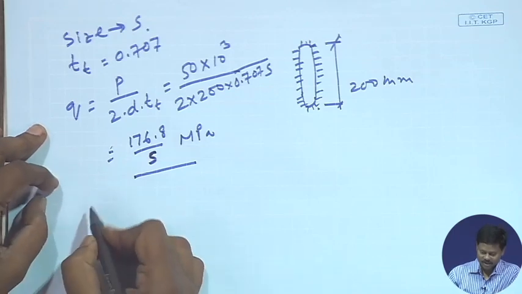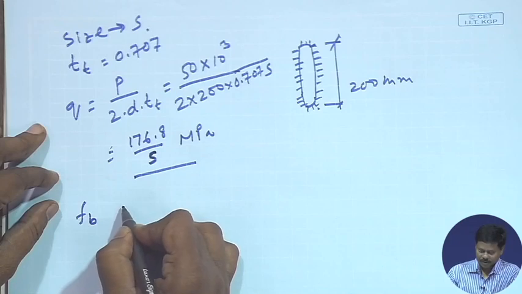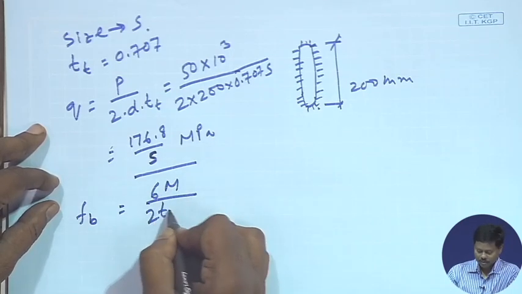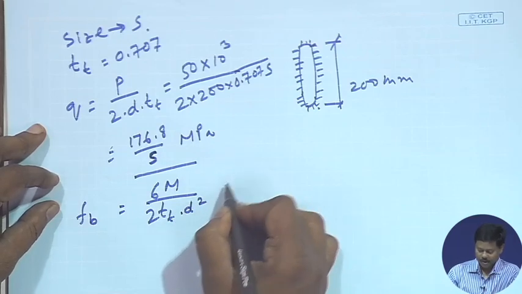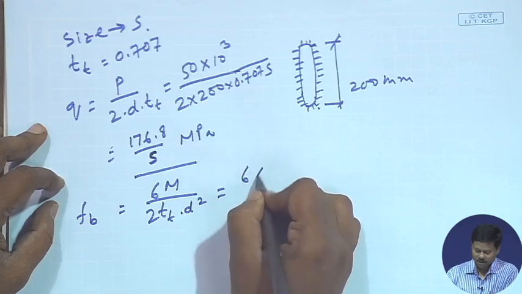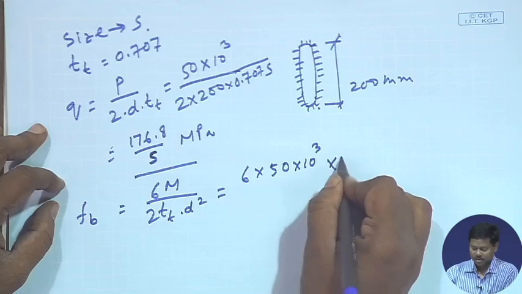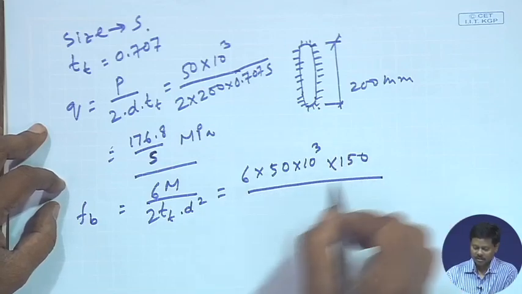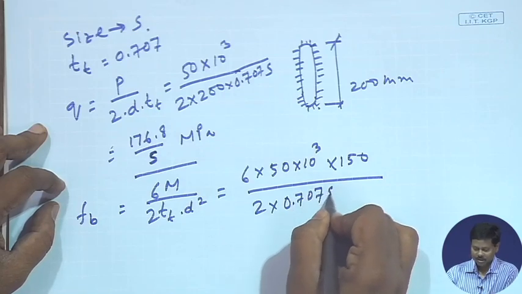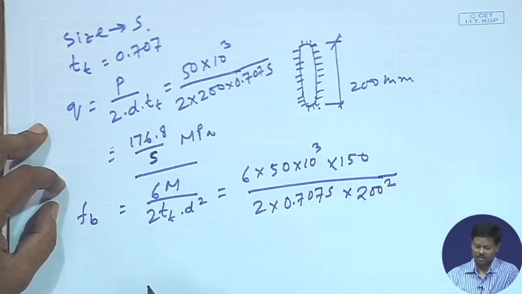Now, horizontal shear stress due to bending, FB, how much will that be? That will be 6 M by 2 into Tt into D square. So, if we find out, 6 into M means P into E, P is 50 into 10 cube, E is 150, by 2 into Tt is 0.707 S into D is 200, so D square.